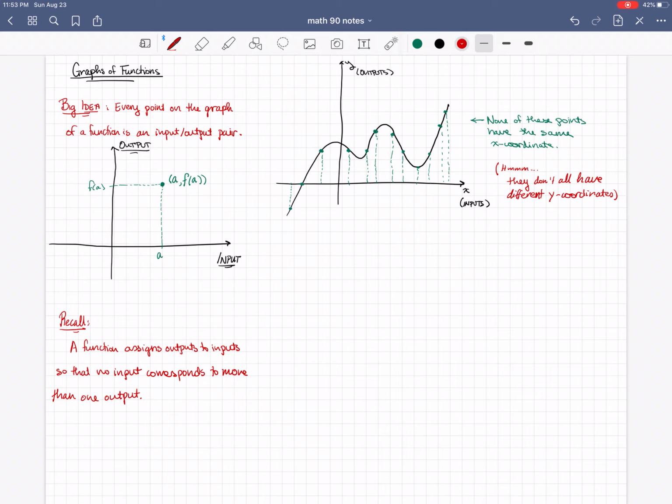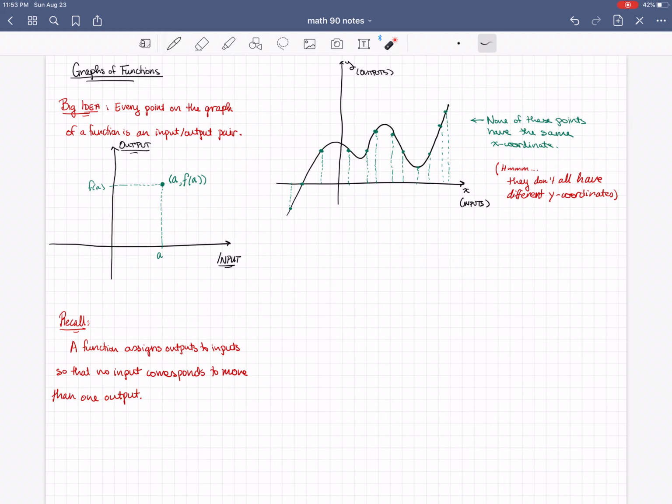So for example, if you look at these 3 points, it seems like these 3 points have the same y coordinate. They have different x coordinates, but the same y coordinate. And that's okay. It's okay in a function to have different inputs that all map to the same output.